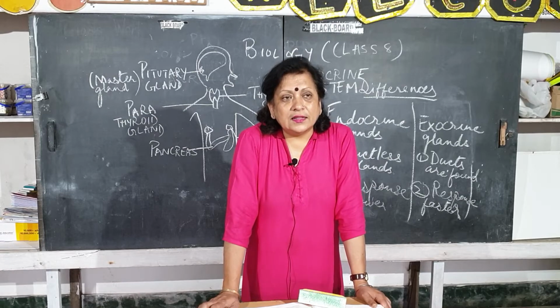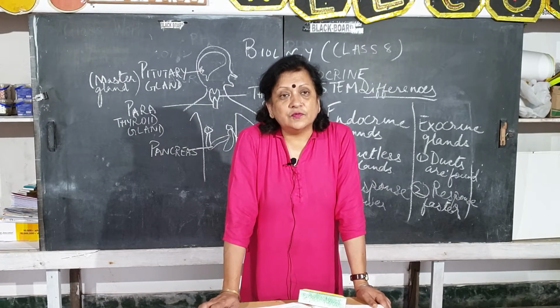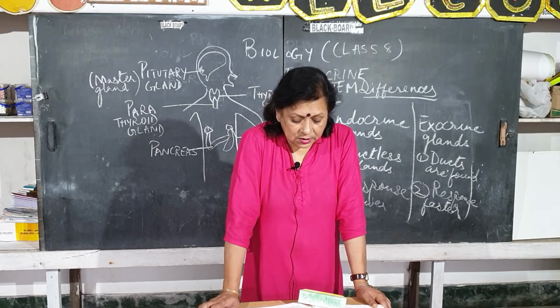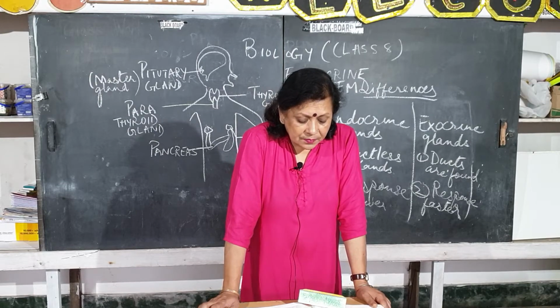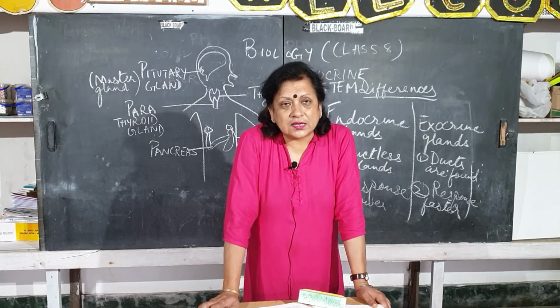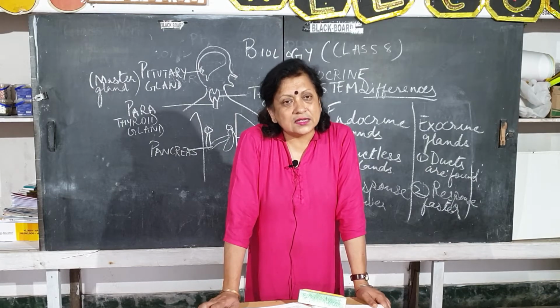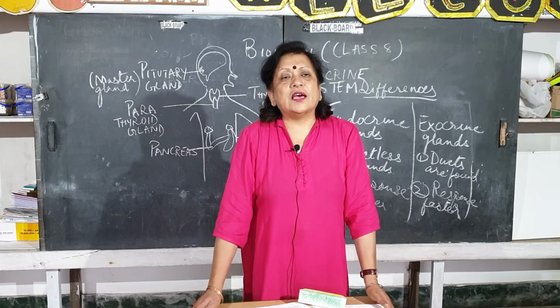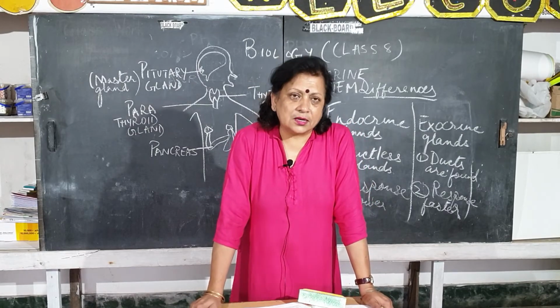Hence, we find that the action is much faster in the different organs. And so for this reason, the moment, for example, digestive juices are secreted by the gastric glands in the stomach, the process of digestion immediately begins in the stomach.